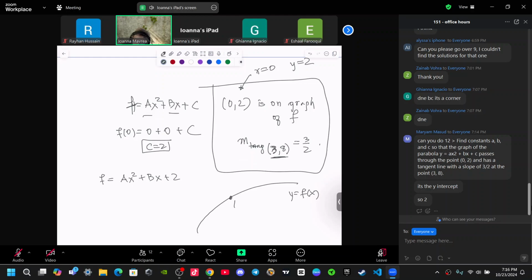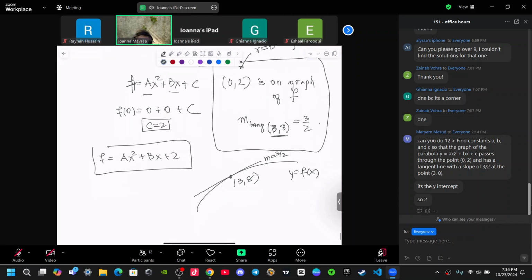Then they're telling me, all the graph of the function, here's the function. At the point 3,8, something happens. The tangent whose slope is 3/2. They're giving me 2 pieces of information. One, they're giving me another point on the graph, 3,8. So 3,8 satisfies this equation, right? 8 is the y, and 3 is the x. Oops. So I have 9a plus 3b plus 2.